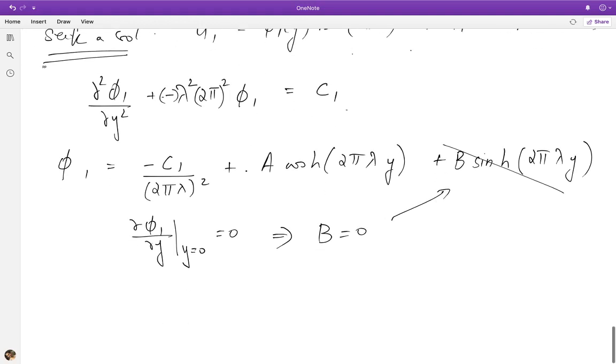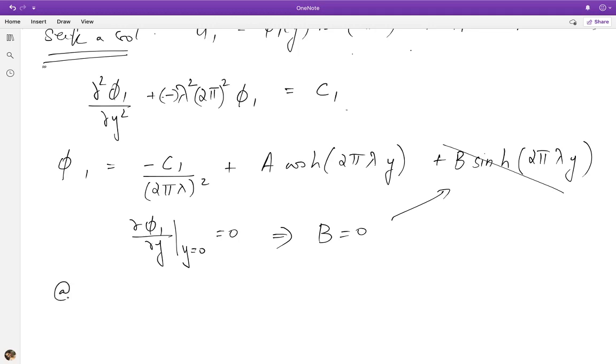So then I just have the unknown constant a, as well as the yet to be determined constant c1 coming from the pressure gradient. For a, I can now use my other boundary condition at the wall of the base domain.